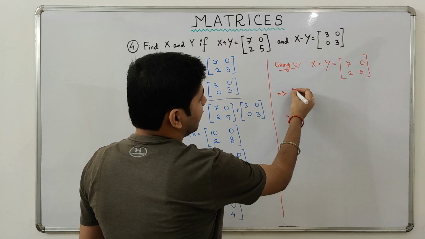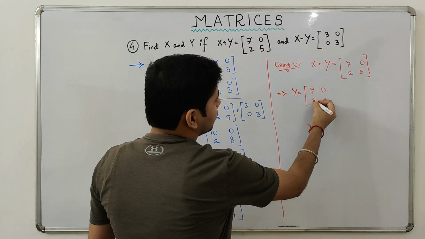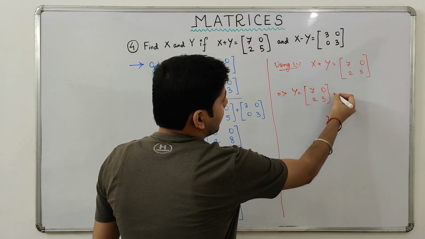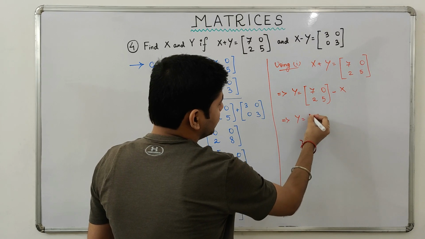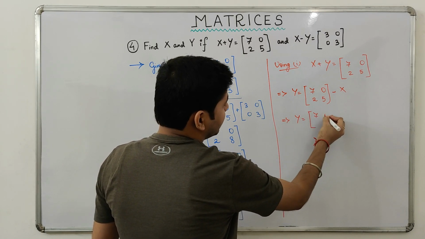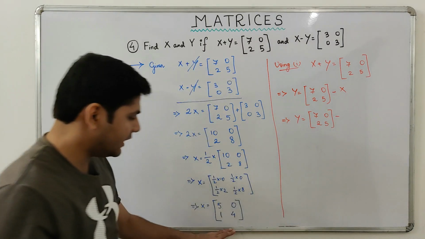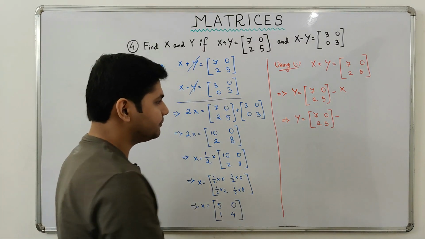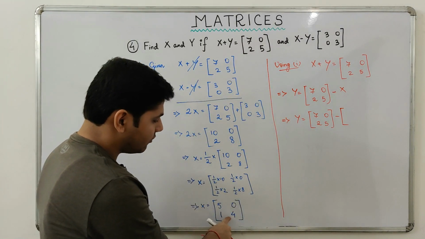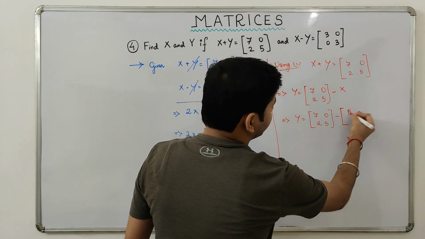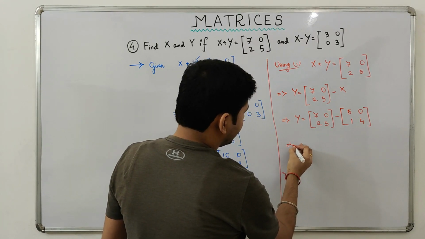We will get y is equal to 7, 0, 2, 5 minus x. Therefore y is equal to 7, 0, 2, 5. Now we have already calculated x over here. We'll just put that over there. So minus 5, 0, 1, 4.